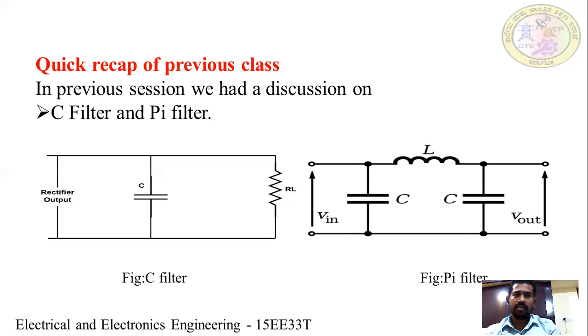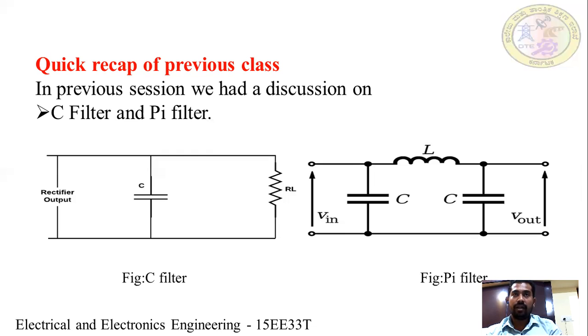Due to the forward bias of D3 and D4, the capacitor starts charging again, and in the next quarter cycle the capacitor starts discharging because D1 and D2 are under reverse bias condition.